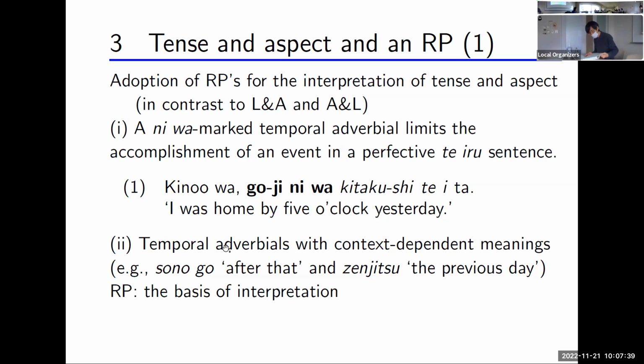That's one reason. And second, for the lexical description of temporal verbs with context-dependent meanings, such as sonogo, after that, then jitsu, the previous day. So for the lexical description of these words or phrases, we need a reference point for the basis of interpretation.